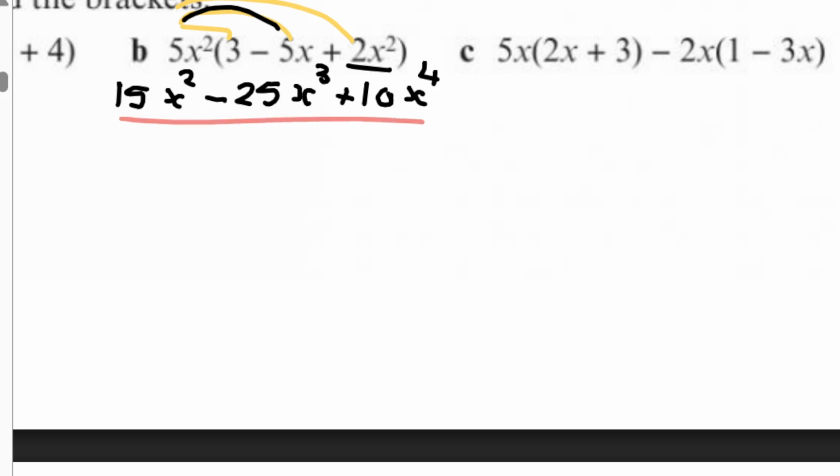Now, what some students do is they write it like this. They see the answer like that, and they say, no, I write 10x to the power of 4 first, minus 25x cubed plus 15x squared. If you write it like this, it's fantastic.